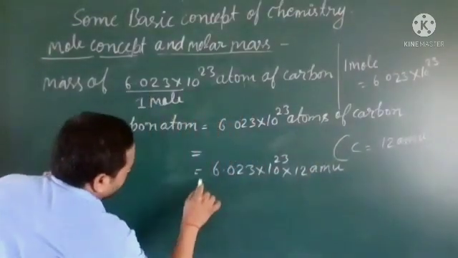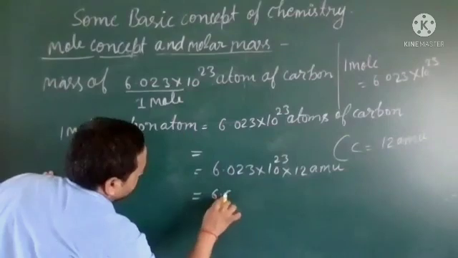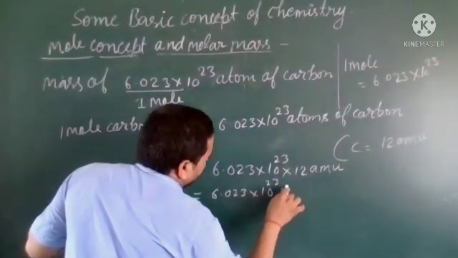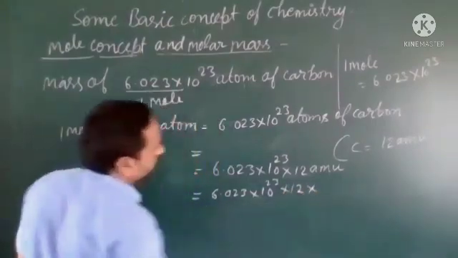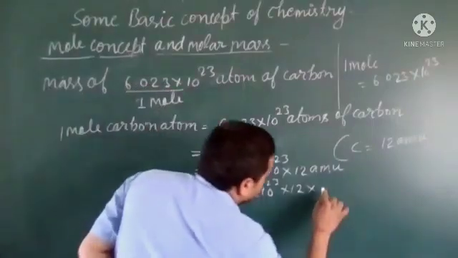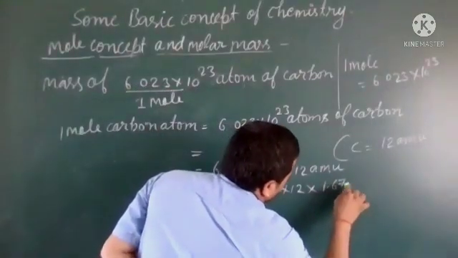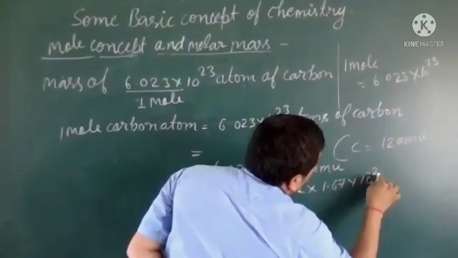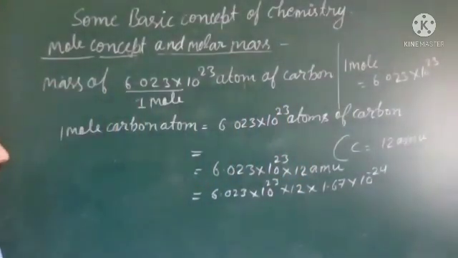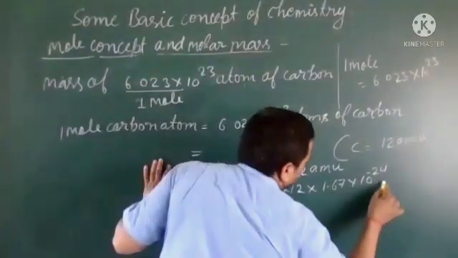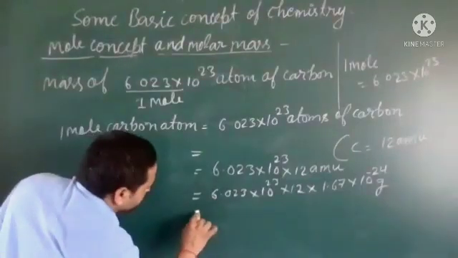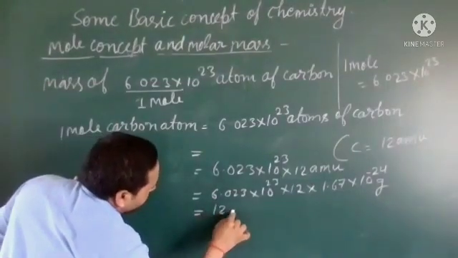And next I can write like this: 6.023 into 10 to the power 23 into 12. And what is the value of AMU? You might be remembering: 1.67 into 10 to the power minus 24 gram. We have calculated.